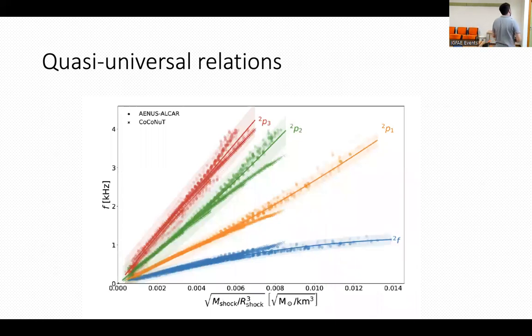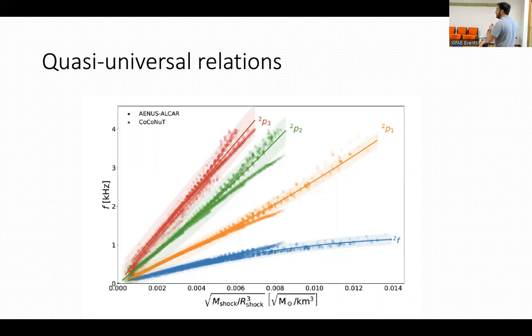What we do is try to relate things. We trace the different modes, P modes, F mode, all of them, and try to make a fit between different quantities of the proto-neutron star. And what we get is this. They are quasi-universal because they don't depend on the code, on the progenitor mass, or on the equation of state.